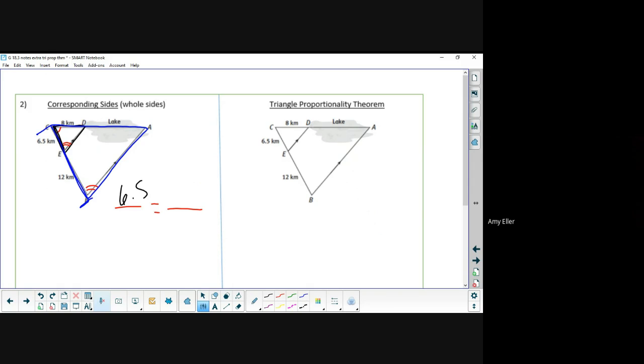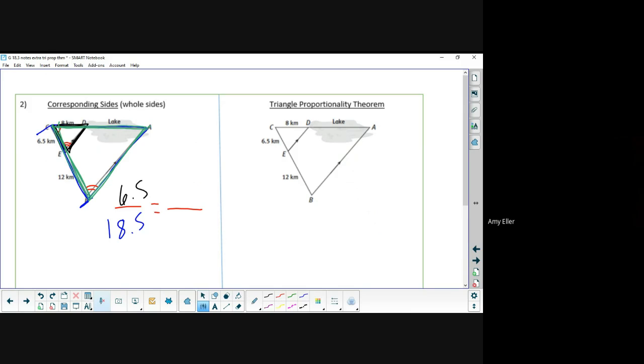That is 6.5 added to 12, 18.5. Everybody see how we got that? Okay, so the small triangle has sides of 6.5, we don't know, and 8. The big triangle has sides of, we don't know, 8 and the lake, 6.5 and 12. That's how we got it, because it's this whole side that makes one of the triangle sides.